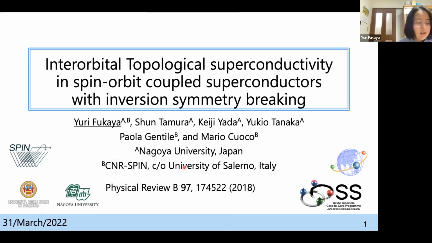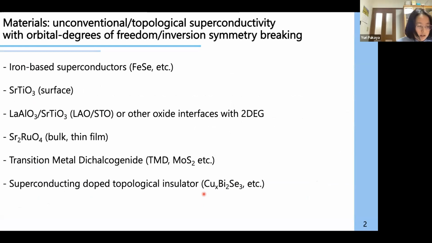Today I would like to talk about this publication in Physical Review B. There is a large variety of superconductors in nature. For instance, unconventional superconductivity and topological superconductivity with orbital degrees of freedom and inversion symmetry breaking have been reported in iron-based superconductors and so on.